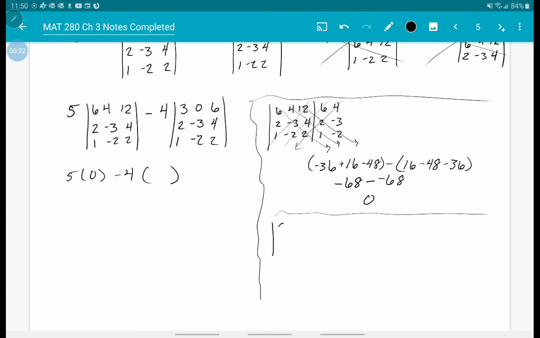So this is the determinant of that second 3 by 3. And I'm going to use that shortcut method again. I like that for 3 by 3s. Just makes life a little bit easier. So we're going to multiply.